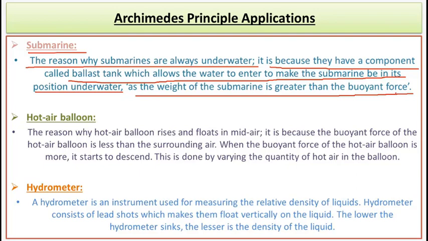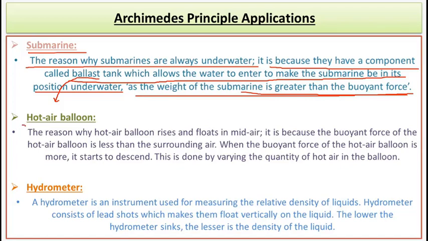And when the submarine needs to come to the surface of the water, it pumps out the water from the ballast tank to reduce its weight, which will be equal to the buoyant force applied by the liquid, and it will be able to float on the surface of the water.